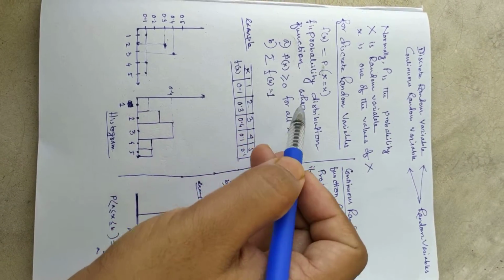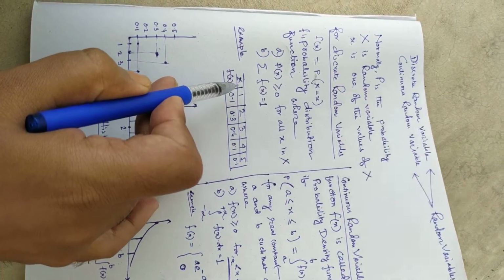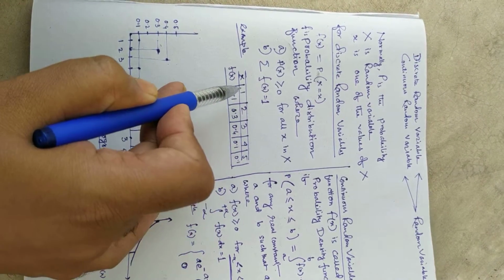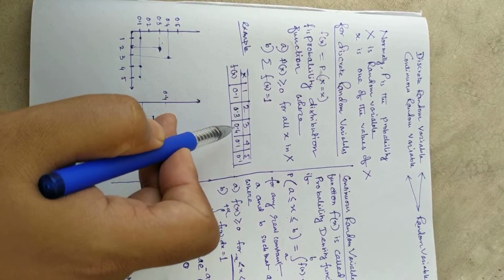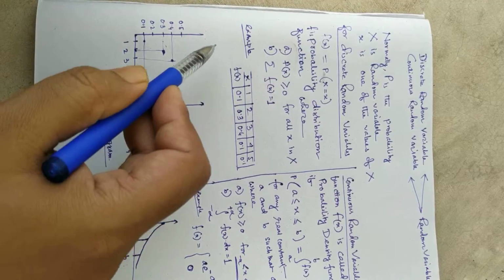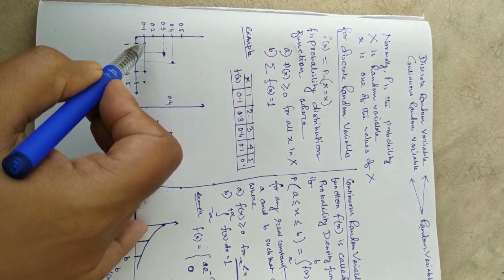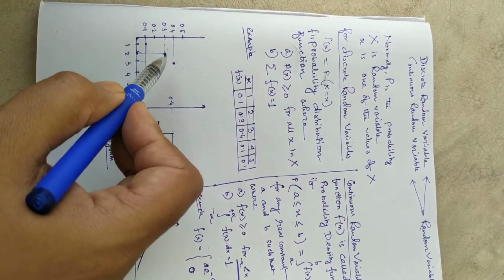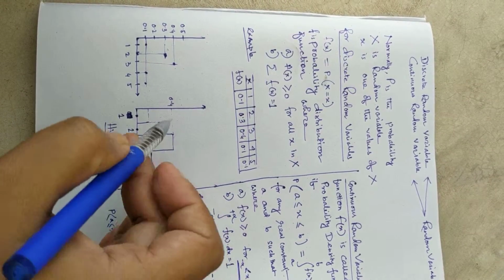We cannot do integration here. Now, say for example, we have example 1: for these values of x, the probability is this. If we draw it as a graph, we get this point for 1, this point for 2, 0.3, this point for 3, and this point for 5.